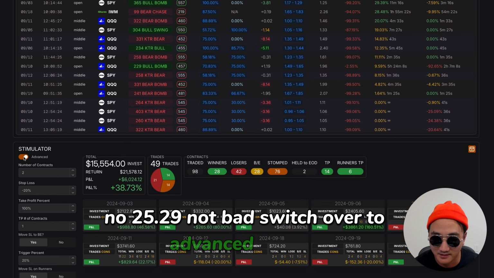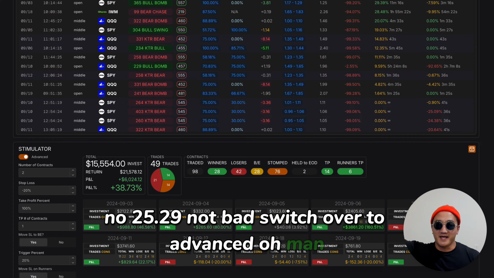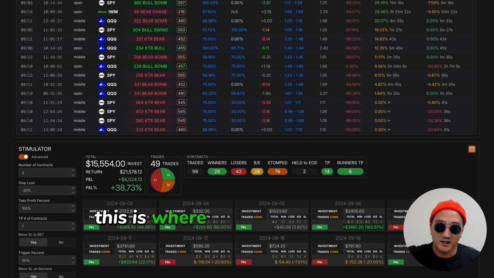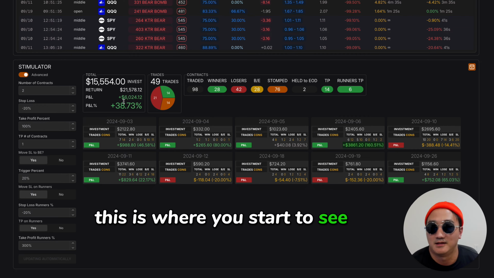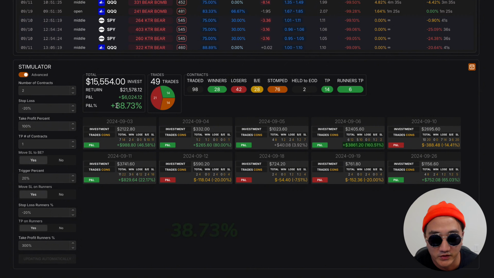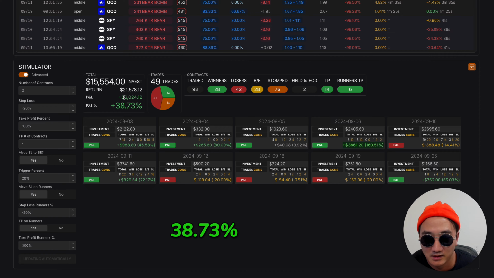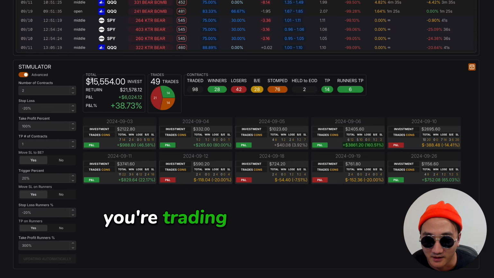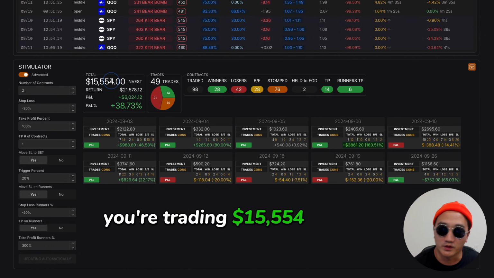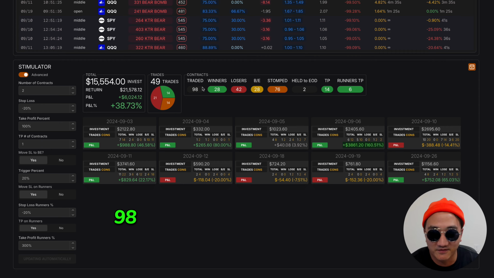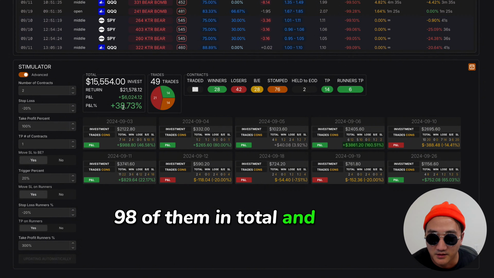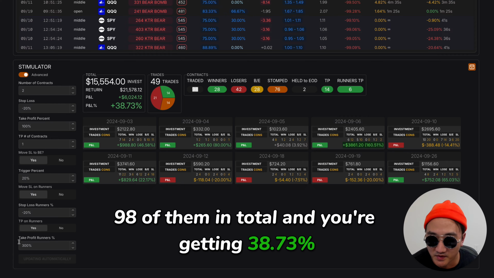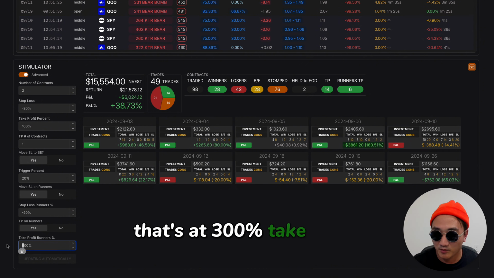Switch over to advanced. Oh man, this is where you start to see some movement. 38.73%, P&L plus 6K. You're trading $15,554 worth of contracts, 98 of them in total, and you're getting 38.73%. That's at 300% take profit.